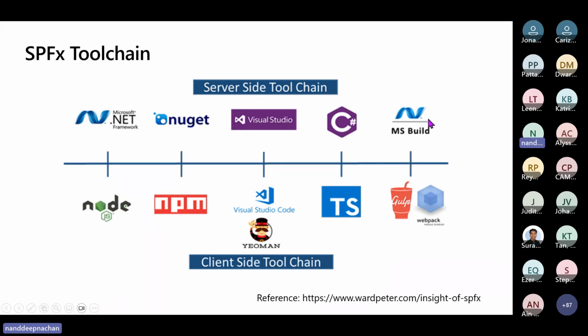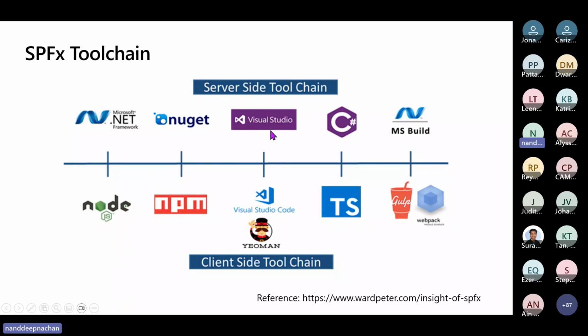The bottom side is the client side toolchain, that means client side development. For example, if you are coming from developing Node.js based solutions, or maybe React.js or AngularJS, then you will see some familiar faces here for the client side tooling.